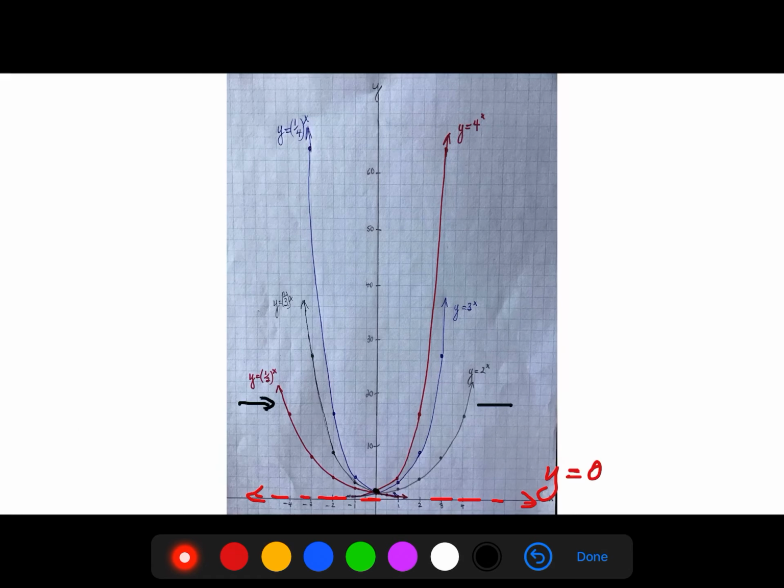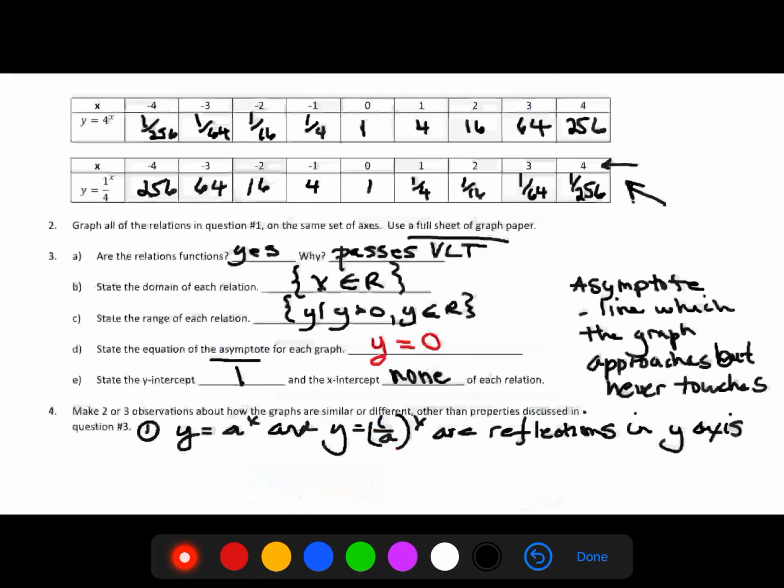So that means that y equals 2 to the power of x and y equals 1/2 to the power of x are reflections. So we notice that these two graphs are flipped around this y-axis.